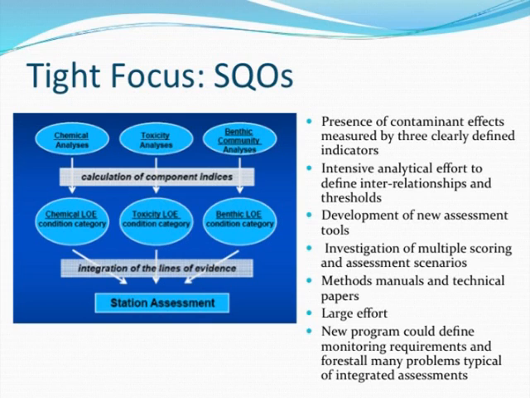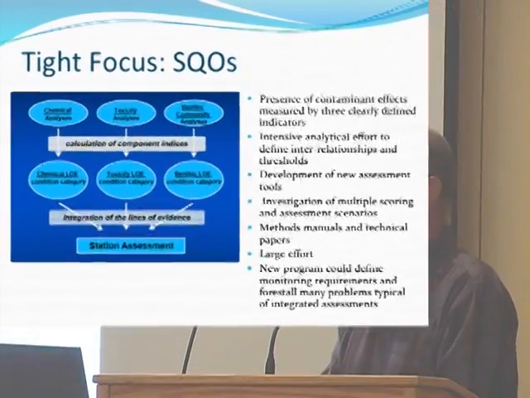Because of that very tight focus, they were able to define some very specific sorts of data analyses and relationships and come up with a very well-organized assessment framework that included both measures of exposure and measures of effect, and then integrated into an overall station assessment. And even though the assessment was narrative, it was based on quantitative analyses and quantitative thresholds behind the scenes.